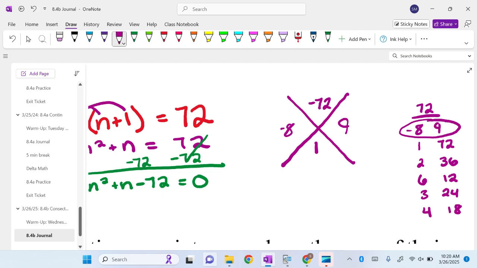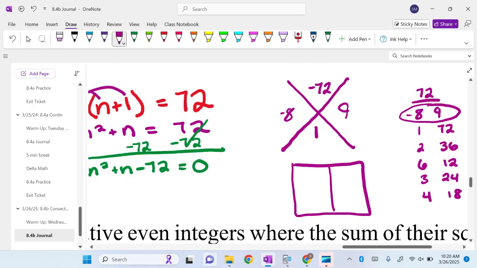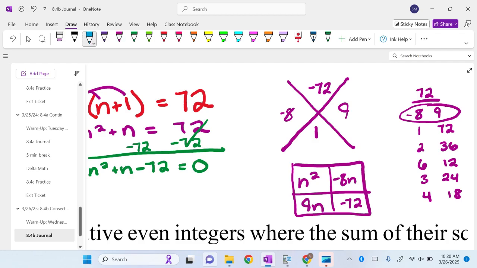So if I do a quick reverse box, I have n squared, negative 72, negative 8n, 9n. Now, this is an easy reverse box because what are the only two factors that give us n squared? N and n.